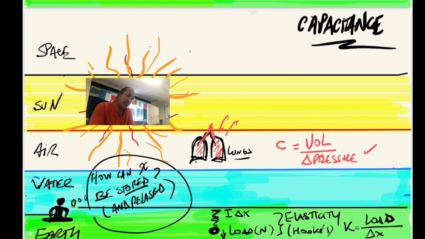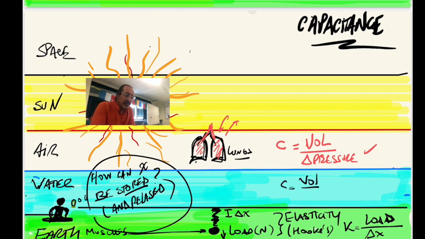This is known as Hooke's law, and it explains the concept of elasticity or capacitance. In our bodies, we have natural capacitors in the muscles, right? Muscles are elastic capacitors. They carry weight and absorb and release energy.